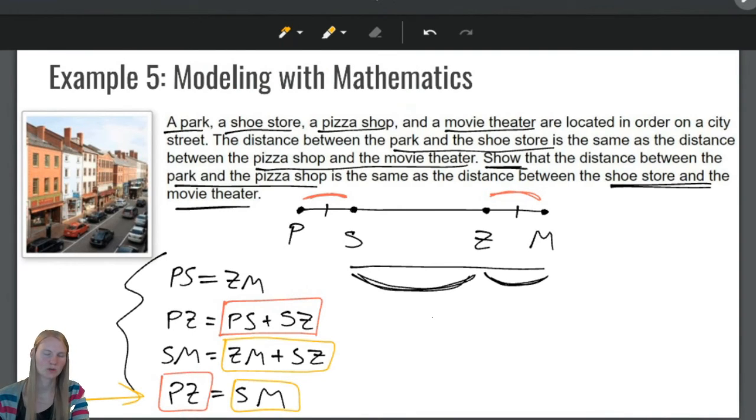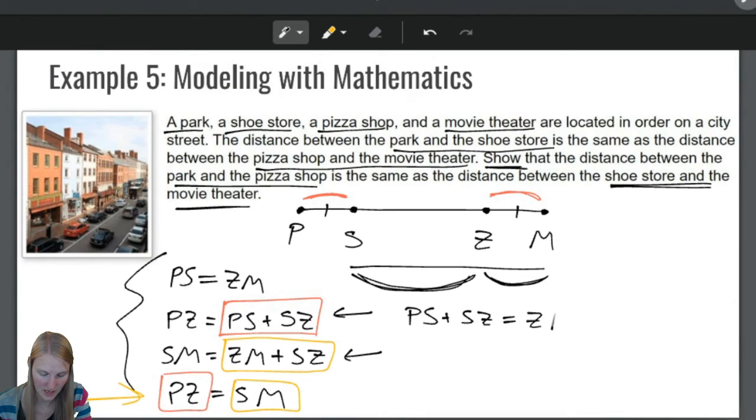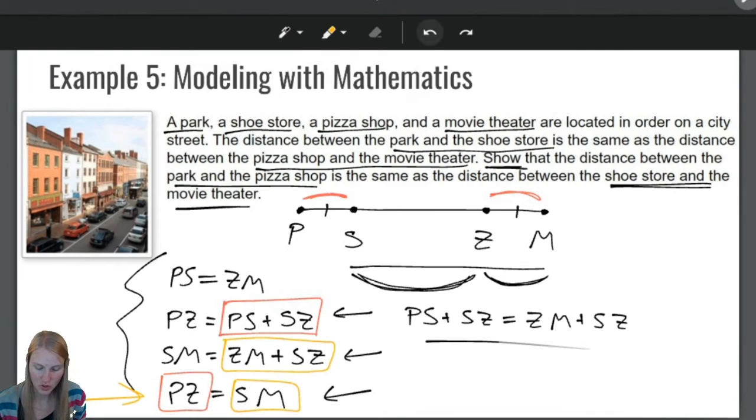If I can show that this red box, PS plus SZ, is equal to this yellow box, ZM plus SZ, that will be the same thing as showing PZ equals SM, because PZ is equal to this red box, and SM is equal to this yellow box. So if I can show this, we win.